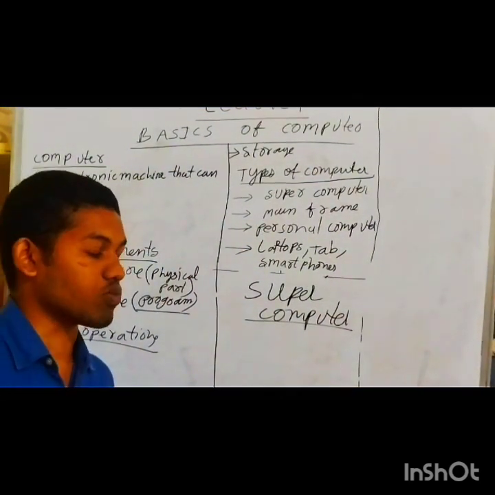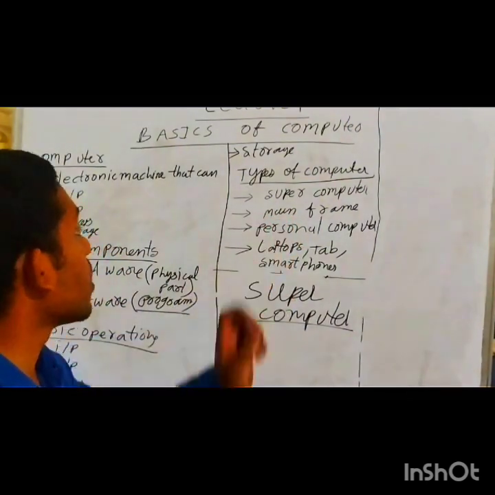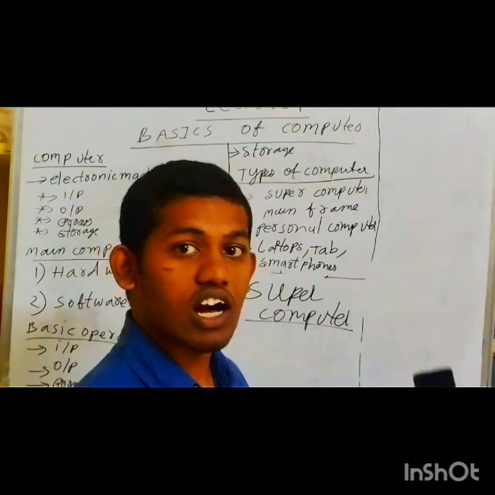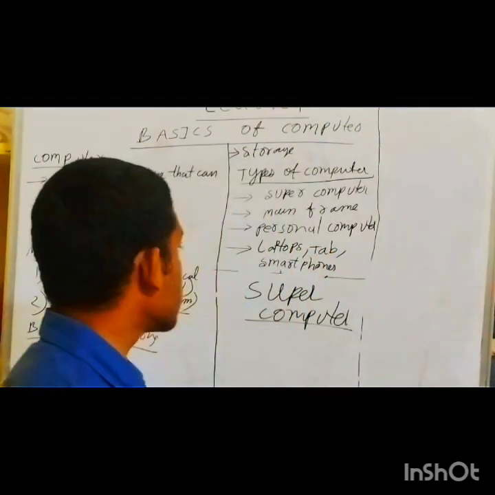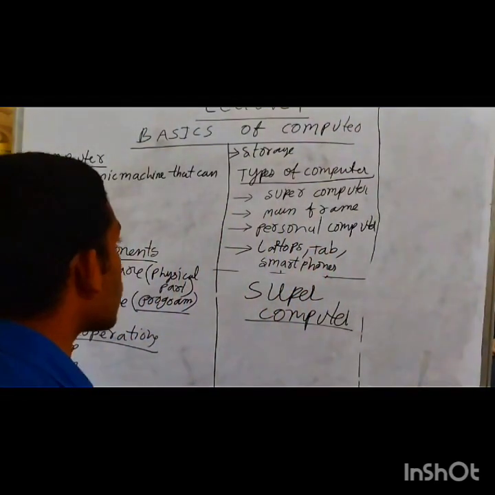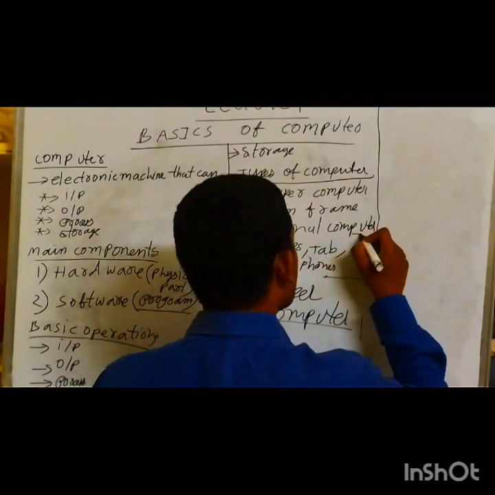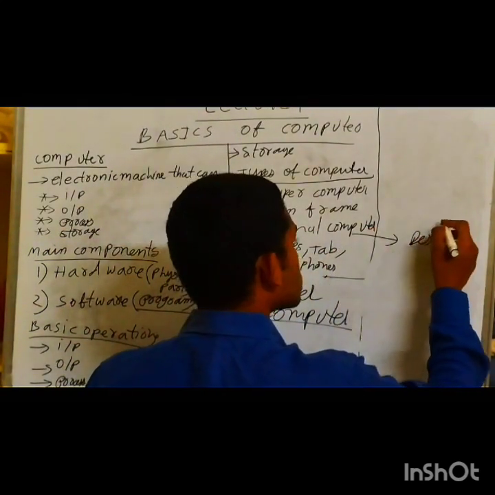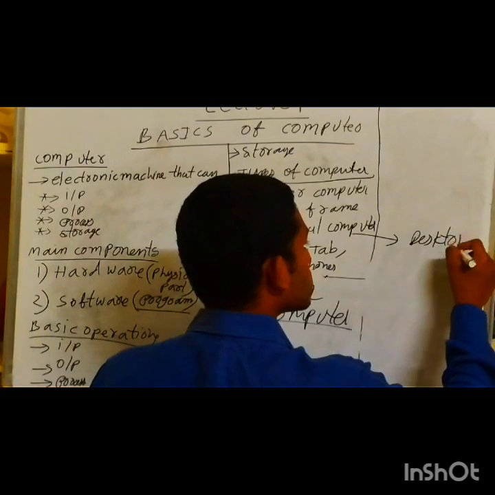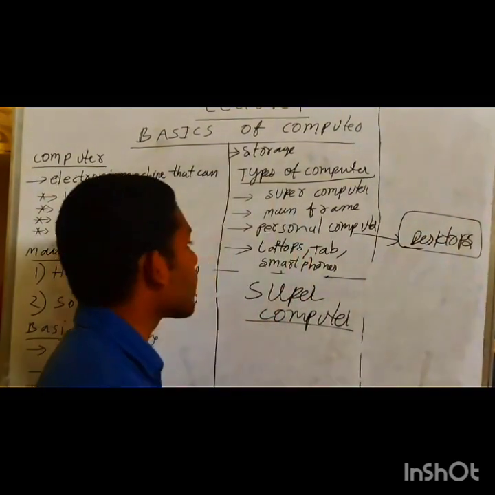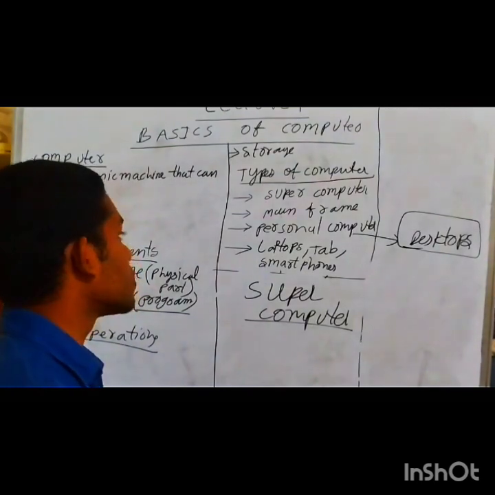Next is mainframe. Mainframe is also a big computer we use in colleges and schools for teaching purposes. Personal computer means desktops. That is also a computer. Next is laptops, tabs and smartphones.